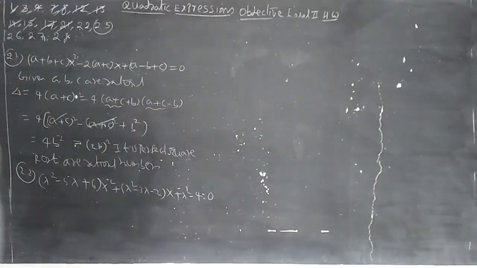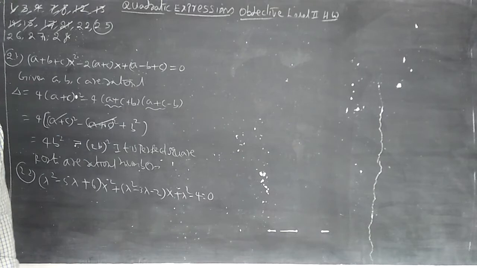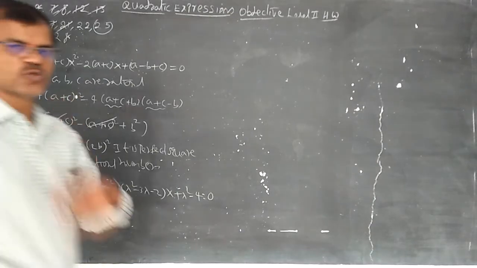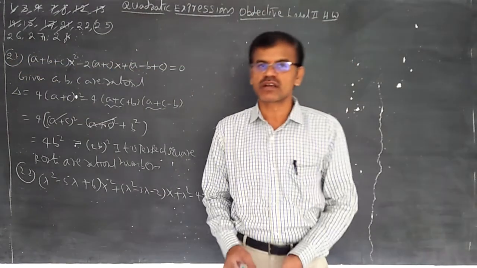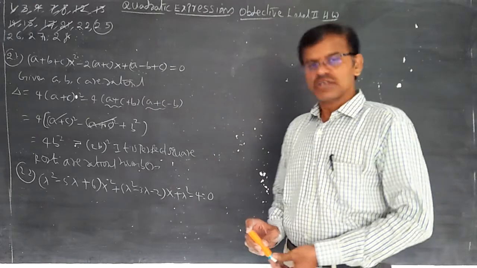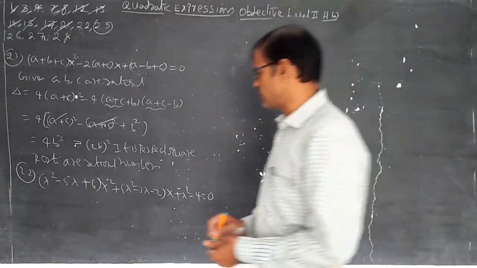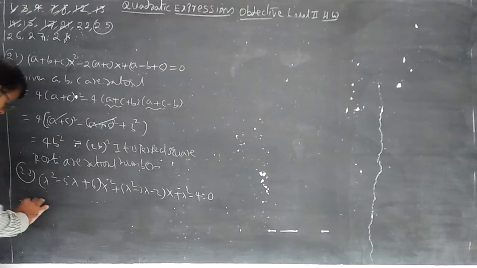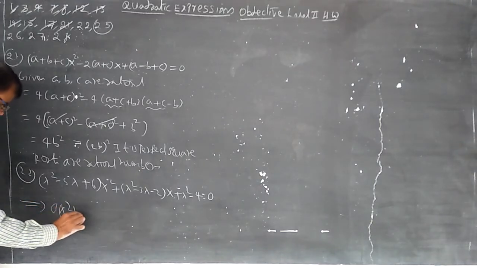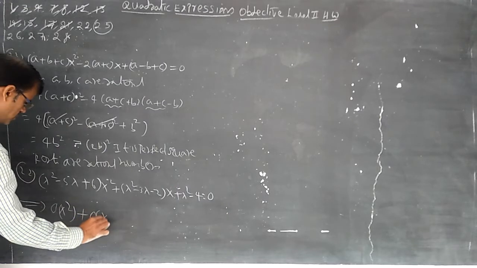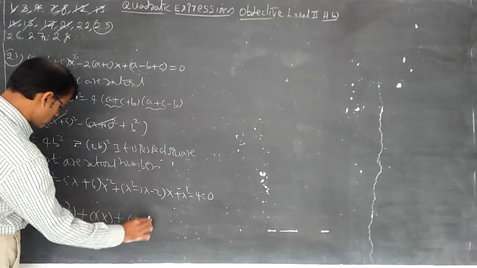A logical thinking is that a quadratic equation has maximum 2 roots, but here he is telling us that it is satisfied by more than 2 values. More than 2 values is not at all possible for a quadratic equation. Even though he has given it, then what will happen? You can understand that put here 0 into x square plus 0 into x plus 0 is equal to 0.